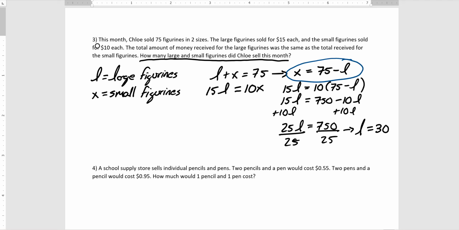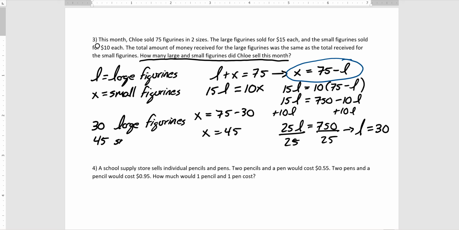X equals 75 minus L. So I'll plug that in. Now we know that L is 30, so X is 75 minus 30, which means that X is 45. So she sold 30 large figurines and 45 small figurines.